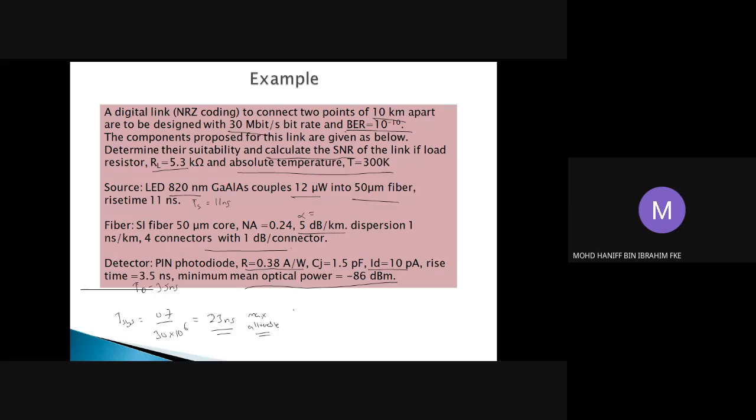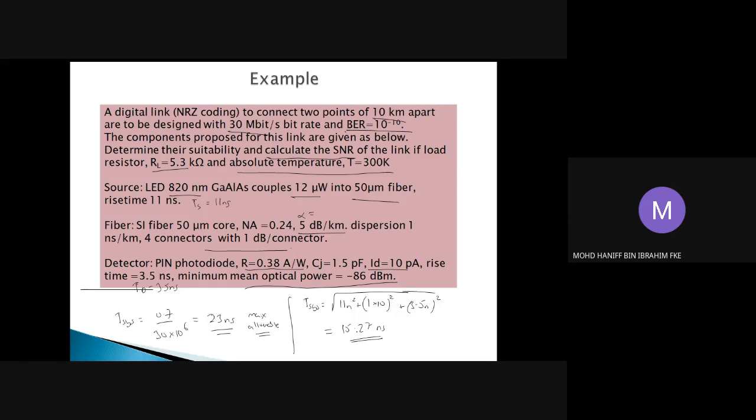So for this, let us calculate the total rise time for the components. We have the square root of your source rise time, which is 11 nanoseconds squared, plus the rise time due to the fiber. We have 1 nanosecond per kilometer dispersion, and since it is 10 kilometers, 1 times 10, it should be 10 nanoseconds in total, plus the detector rise time, which is 3.5 nanoseconds squared. We end up with a total rise time for the components equal to 15.27 nanoseconds.